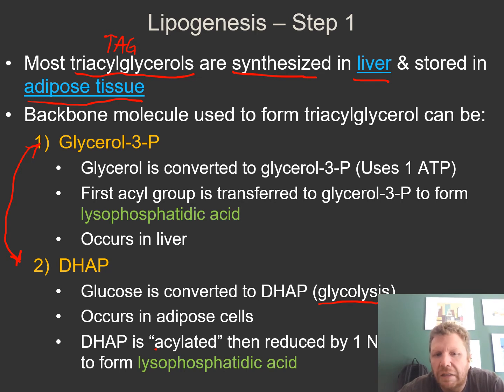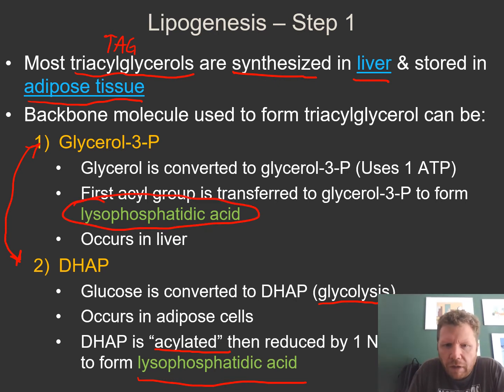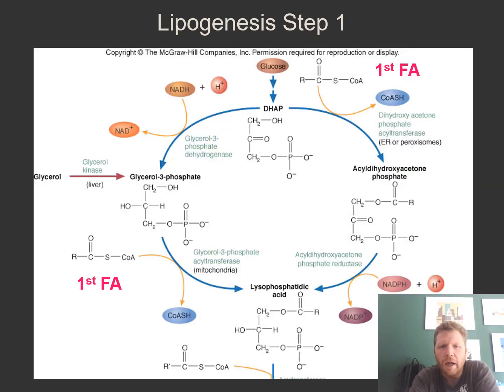DHAP is going to be acylated, then reduced by 1 NADH to form lysophosphatidic acid. So when you think about lipogenesis, I want you to think about a goal of getting to this molecule of lysophosphatidic acid. There's a lot to process with respect to lipogenesis, but it's somewhat straightforward.